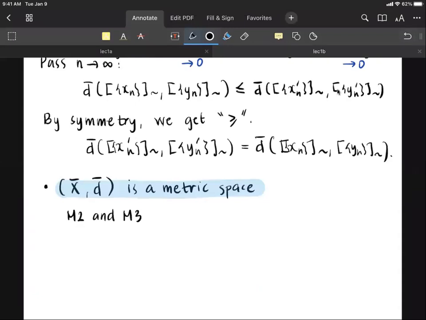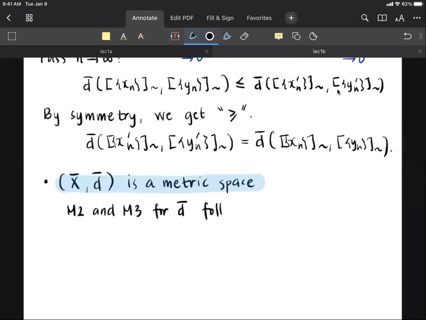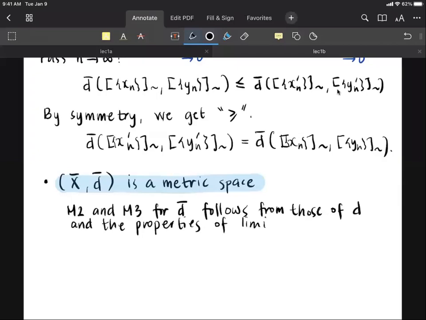For the extended metric d bar, here I'm saying that it is already a metric, or for the function d bar, follows from those of the metric d, meaning the symmetry and triangular inequality and the properties of limits of sequences for the set of real numbers.